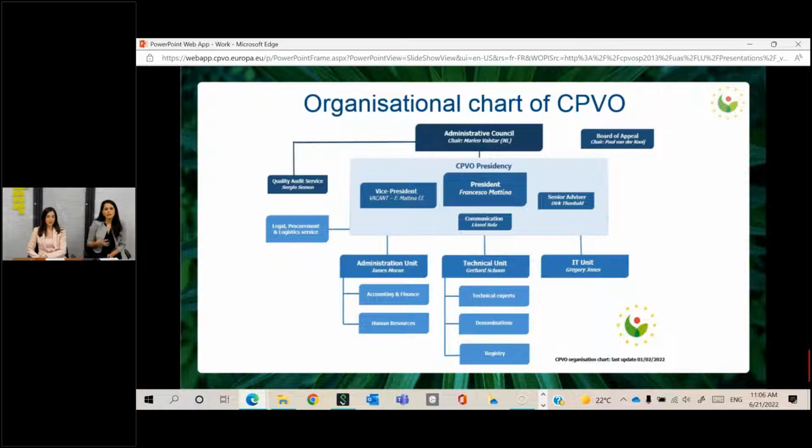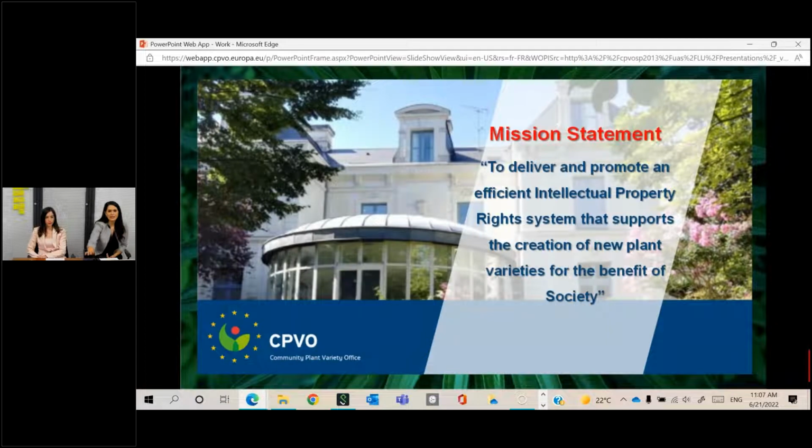And on the other side, it is managed not by its president or vice president, but by the administrative council, which is an organ that not only has budgetary competencies, but is composed of the member states of the European Union. So this is very important because it means that the member states give this competence and then monitor how the Community Plant Variety Office carries out its mission, which is in this slide.